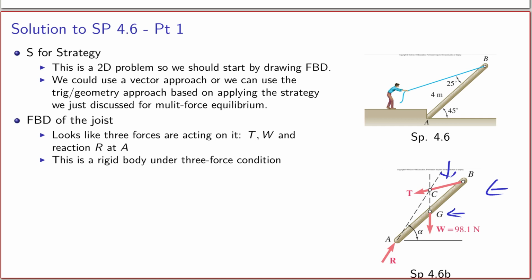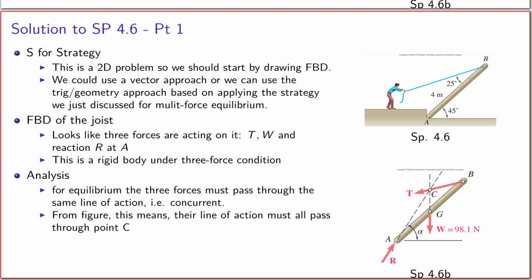Now when we look at this, we can see that we basically have forces acting at 3 different points, and so this is a rigid body under a 3-force condition. Now here's the modeling that we can do.